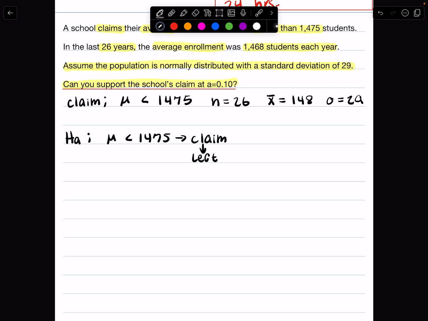Each hypothesis test needs 2 hypotheses, the alternative and the null hypothesis. So what is the null hypothesis? Well, it's the opposite of the alternative. What's the opposite of less than? Greater than or equal to. So the opposite is that mu is greater than or equal to 1475.